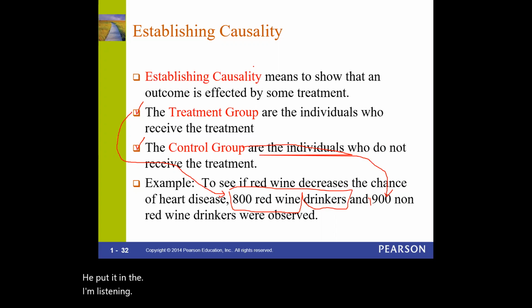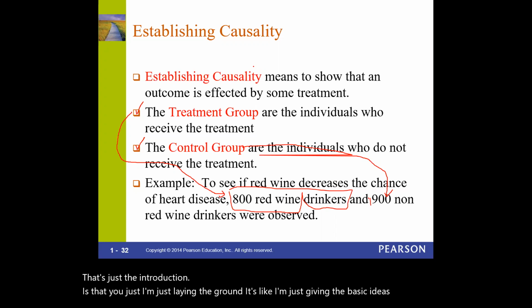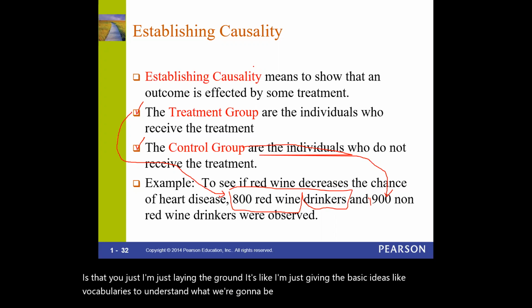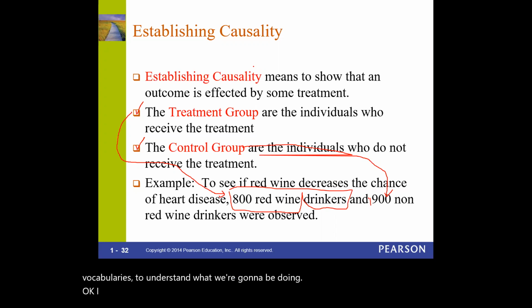I was just asking, what are the real world applications for this lesson? Oh, that's just the introduction. I'm just laying the ground, giving the basic ideas, like vocabulary, to understand what we're going to be doing. Okay, I understand. Thank you. You're welcome.